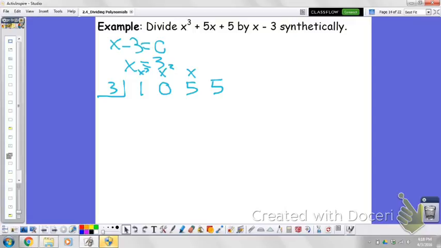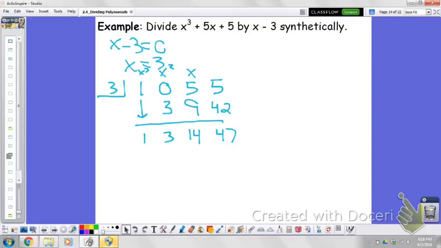So now I can go ahead and start my synthetic division. First thing I need to do is bring down the 1. And I'm going to multiply 3 times 1, which is 3. Then I add 0 and 3, which is 3. Then I do 3 times 3, which is 9, and write that below the 5. 9 and 5 is 14. So then I do 3 times 14, which gives me 42. 5 and 42 is 47.